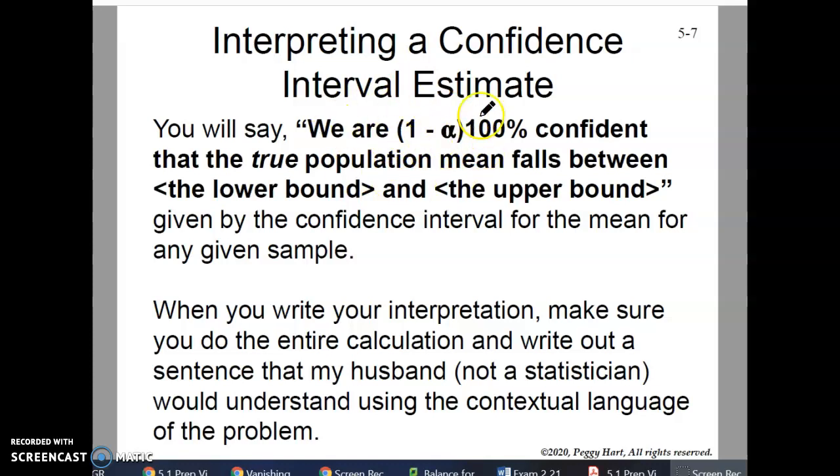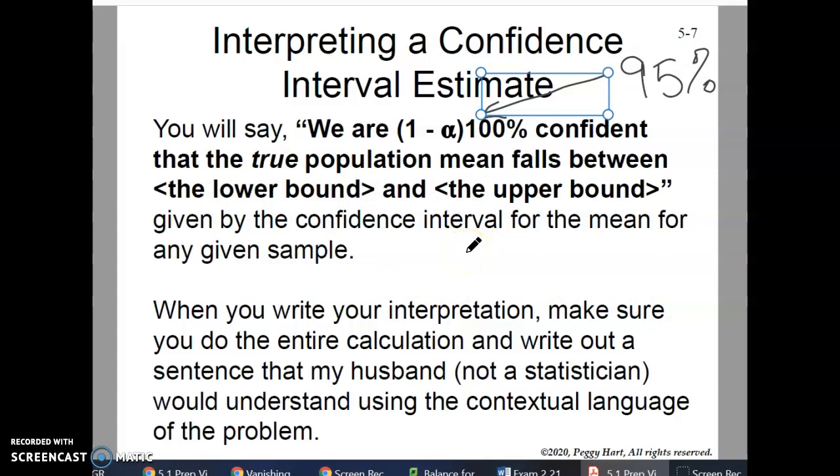I know the symbol's weird, but just think of this as being something like 95%, some high number. When you're done doing this calculation, you're going to say something like, we are 95% confident that the true population mean, and you'll describe what that is, falls between the lower bound and the upper bound. So you'll do the calculations, the plus and the minus, and you'll get those two bounds.